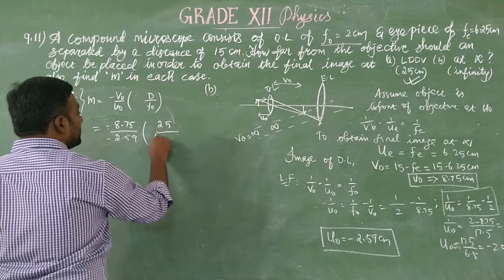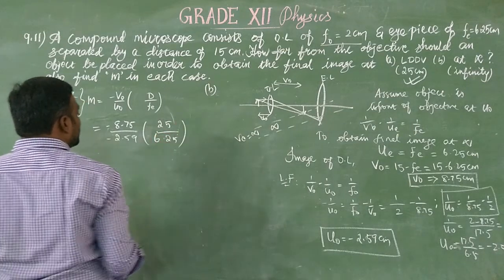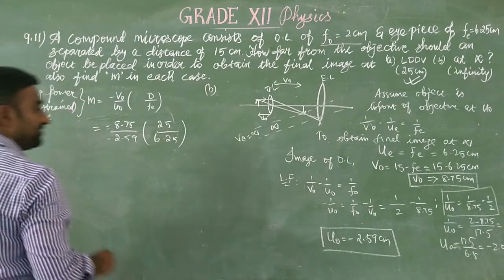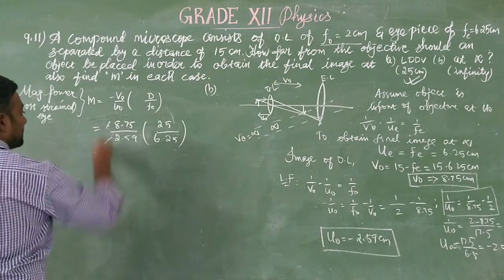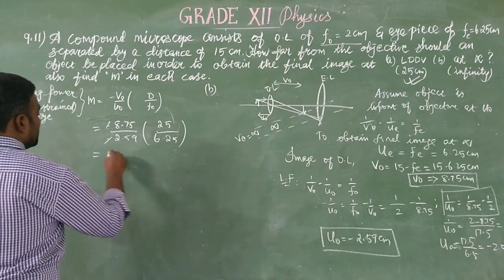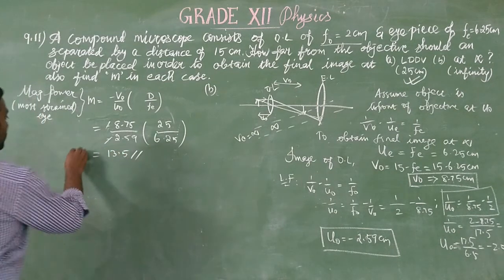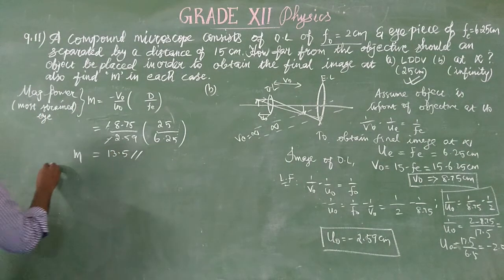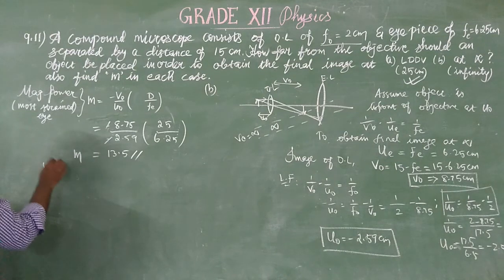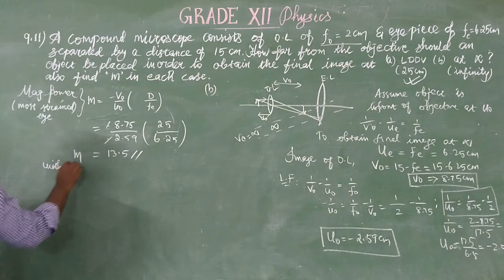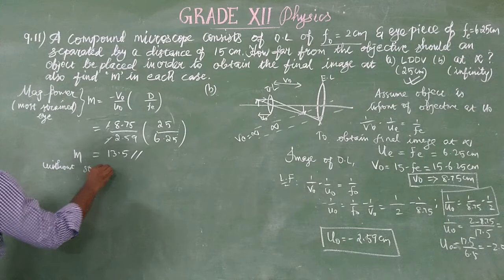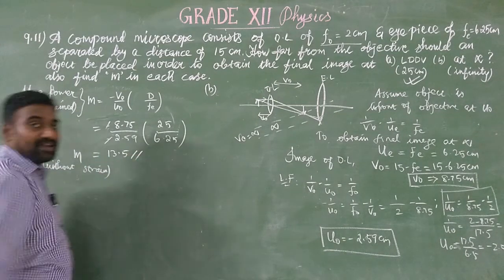The focal length of the eye lens is 6.25. Yes. So after simplifying, the minus signs cancel. Then we get 13.5. Therefore, the magnification without strain is 13.5.